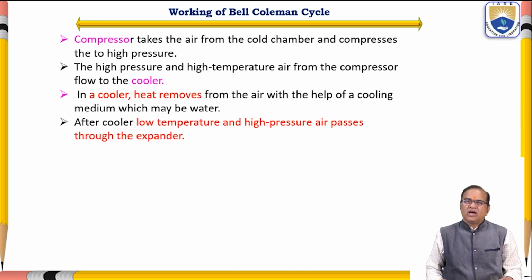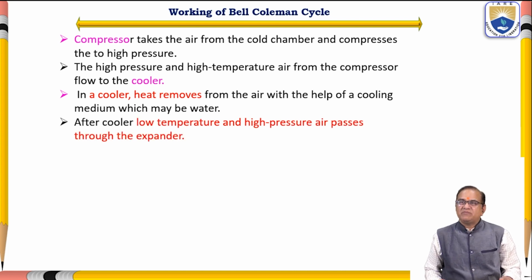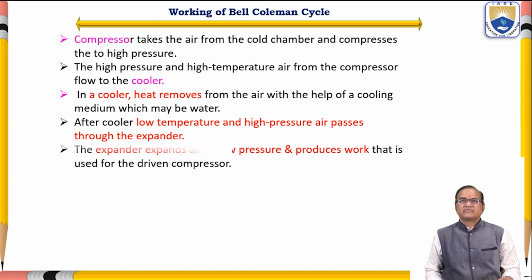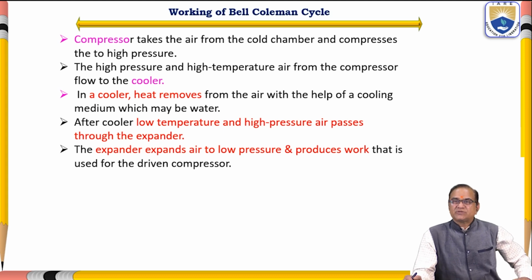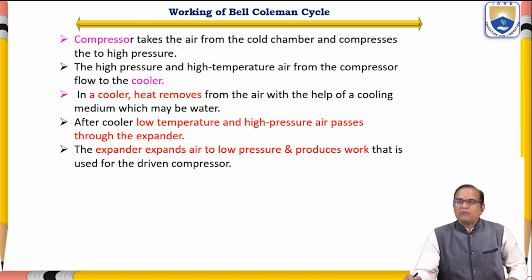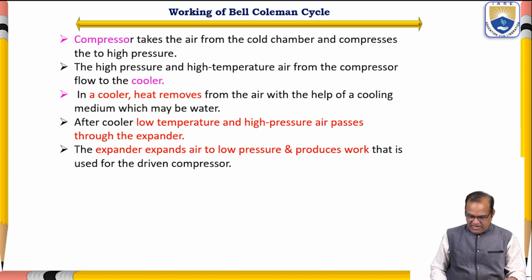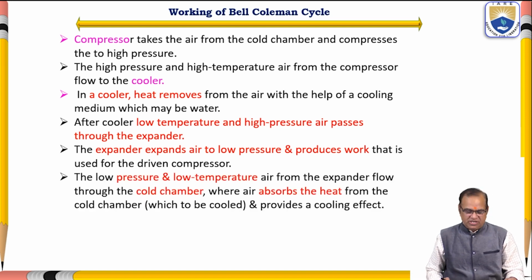After the cooler, the low temperature and high pressure air passes through the expander. The expander expands air to low pressure and produces work that is used to drive the compressor.